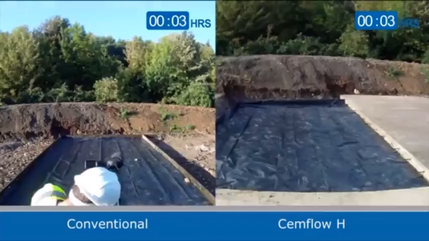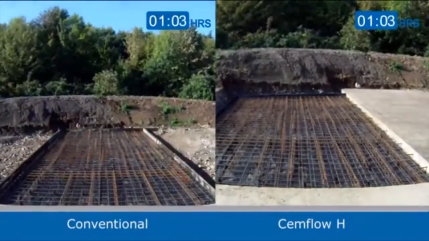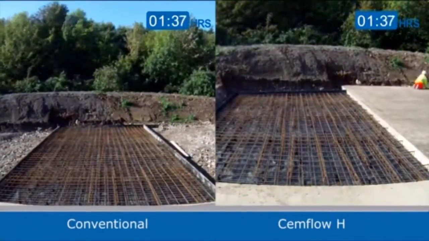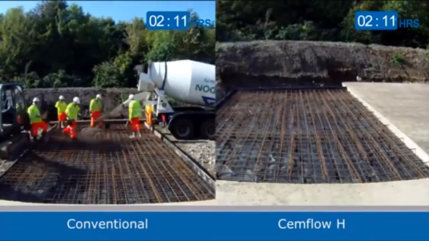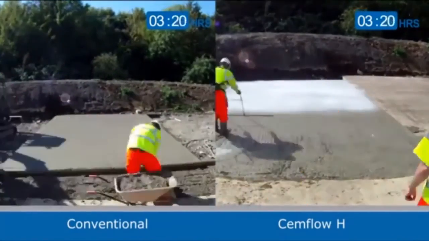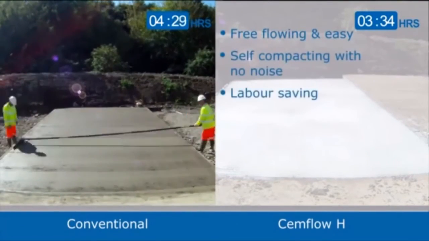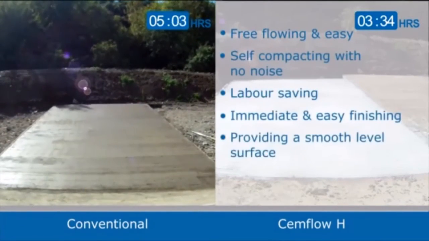Next is a video comparing ordinary concrete to self-consolidating concrete. At first, the rebar is equally placed out, but self-consolidating concrete is easily and quickly poured with less manpower, while ordinary concrete goes through many processes.